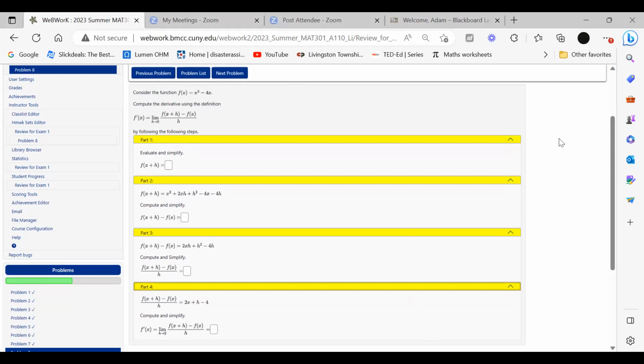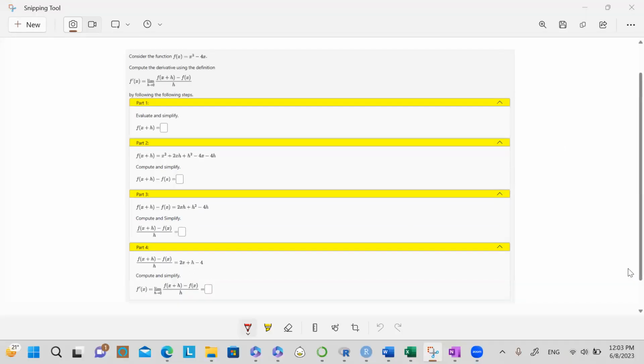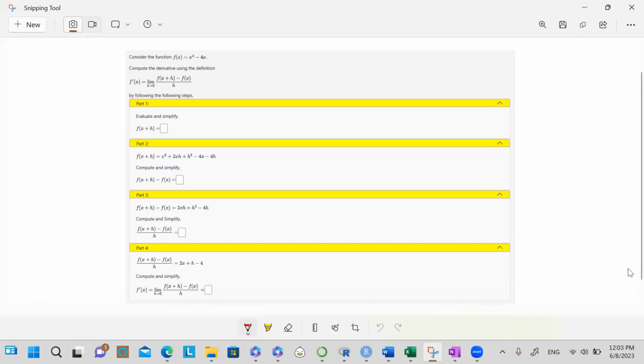Let me share the screen with you. The guidance even gives you the definition of the derivative, so you can just strictly follow this. Okay, so basically we are given this function f of x equals x squared minus 4x. In order to apply the limit definition of the derivative, you need to find what f of x plus h is.